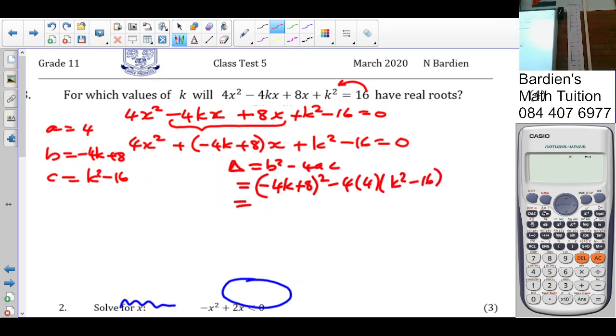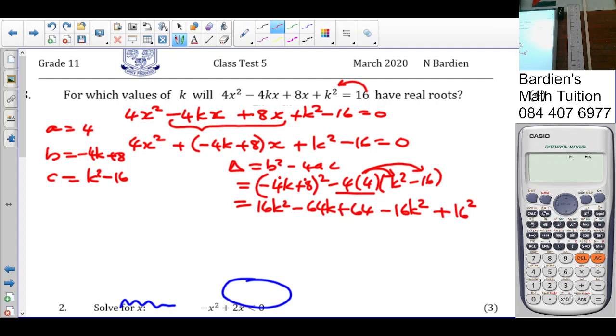So again, a binomial squared is going to be 16k squared. That times that is 32, times 2 is negative 64k, plus 64, that's 8 squared. Negative 16 times k squared is negative 16 k squared. Negative 16 times negative 16 is positive 256, if I'm not mistaken.